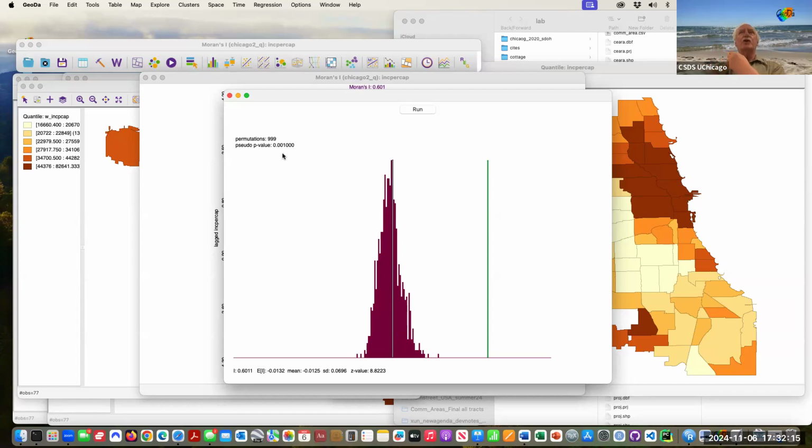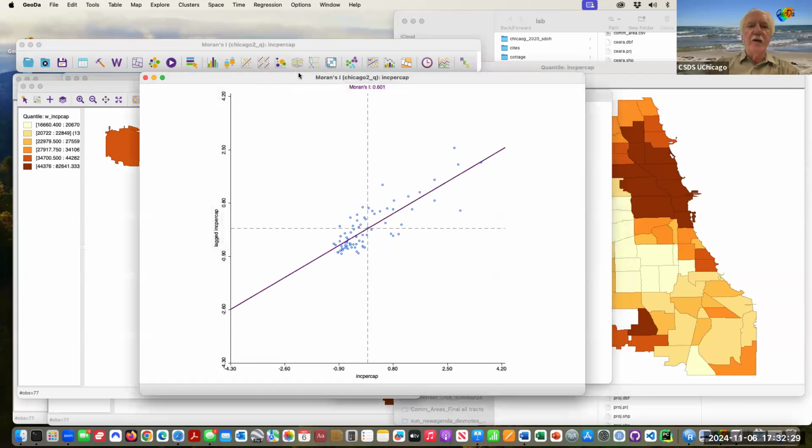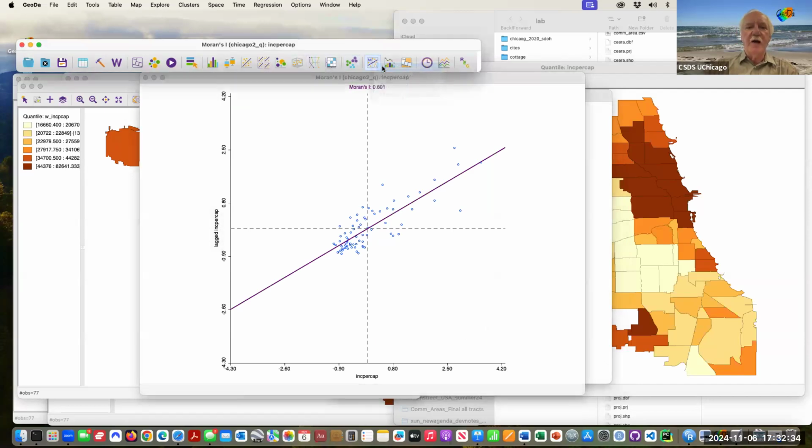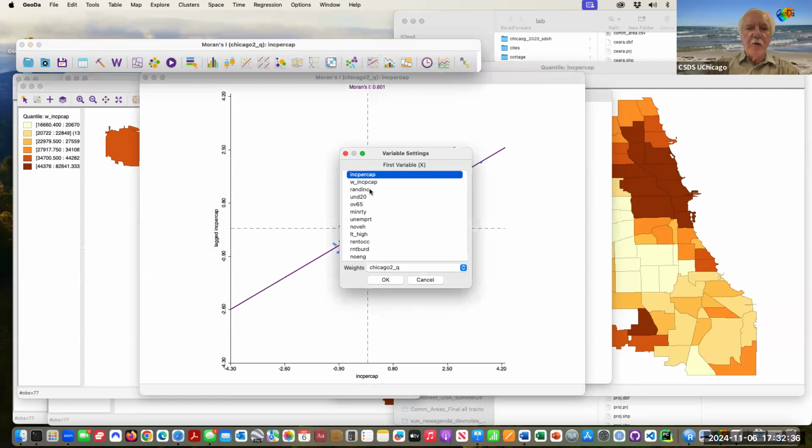It's kind of a shortcut to summarize this distribution, to summarize how many from this distribution are more extreme than the green that we get. So of course, what we're going to do is do this again. Here we go, univariate Moran's I, and I want to do this for my random income, okay?